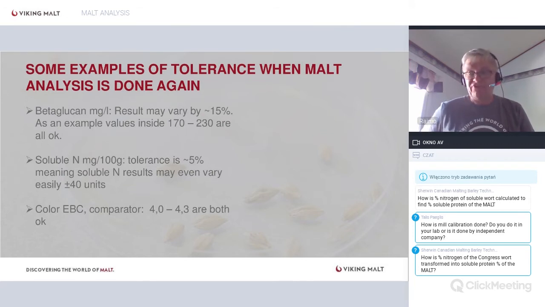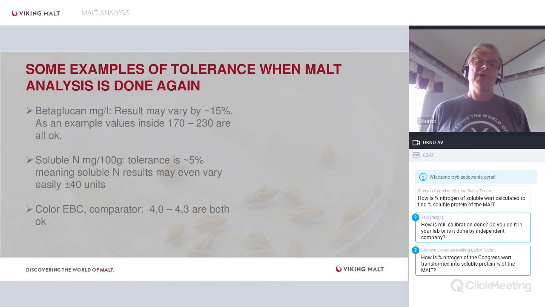Anyway, we try to do it very sharply and according to all the rules, but there are quite some tolerances. With some analyses there is more than with others. For example, beta glucan results may vary almost 15%.